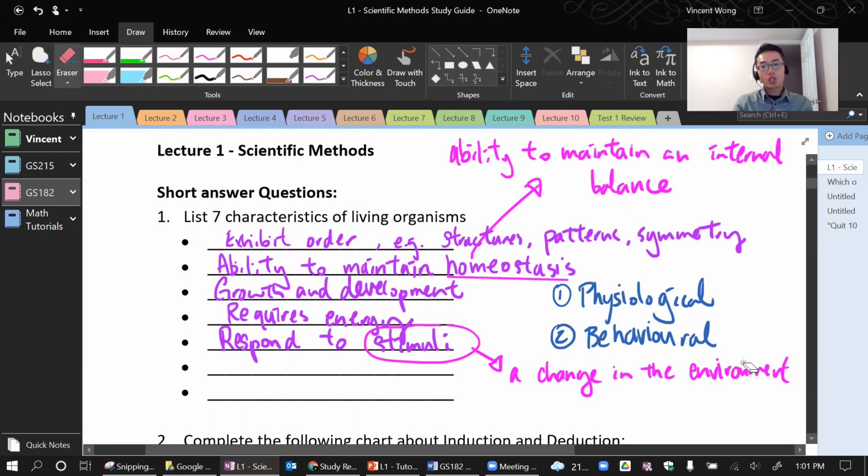Sometimes the change in environment will prompt a physiological or behavioral response such that the body is able to maintain homeostasis. So in our example, when it's cold outside, that's the stimulus, and then you shiver or you put on a jacket, that's a response, and it will help you maintain homeostasis.